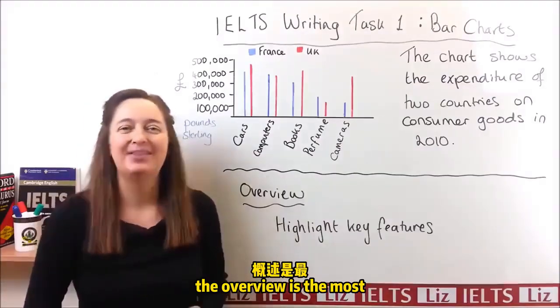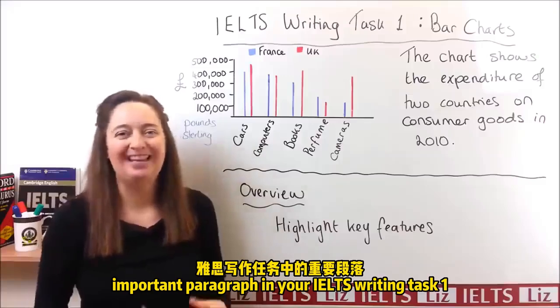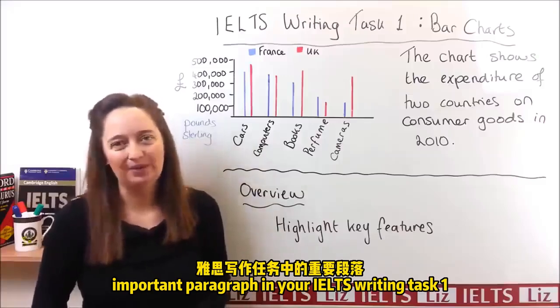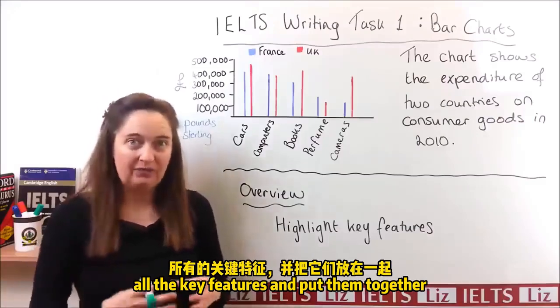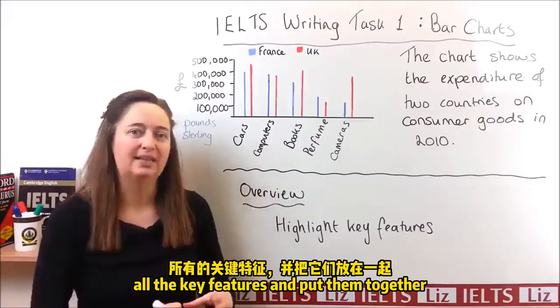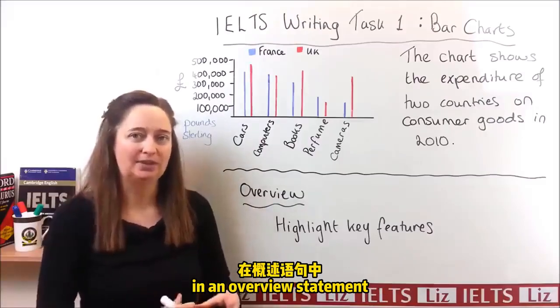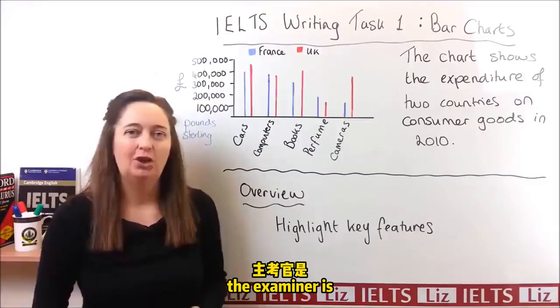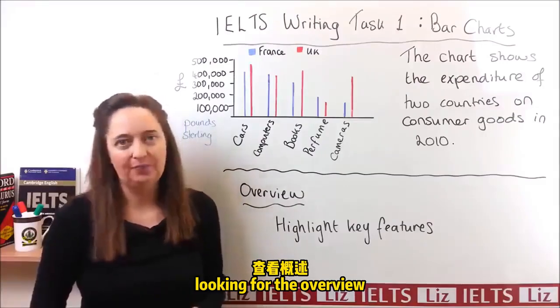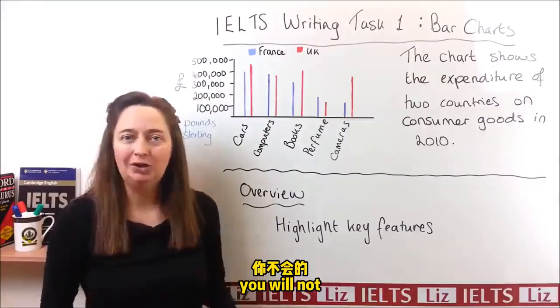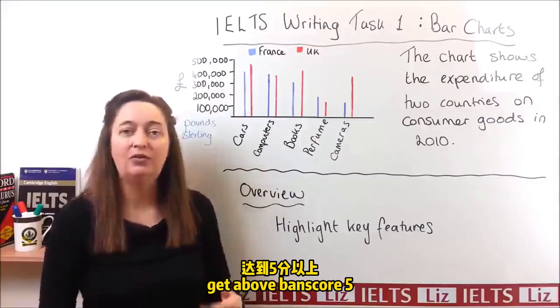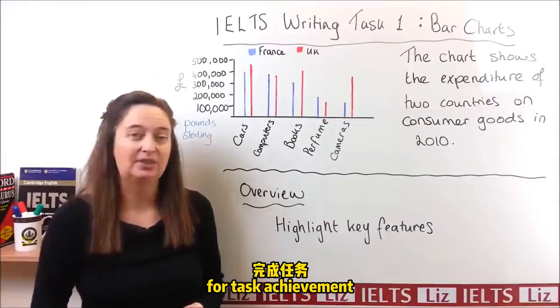The overview is the most important paragraph in your IELTS Writing Task 1. This is the paragraph where you will collect all the key features and put them together in an overview statement. The examiner is looking for the overview. If you have no overview, you will not get above band score 5 for task achievement.